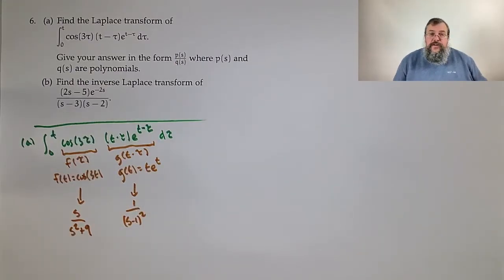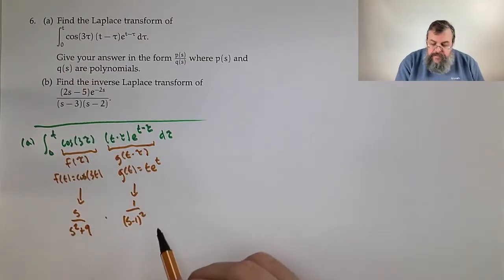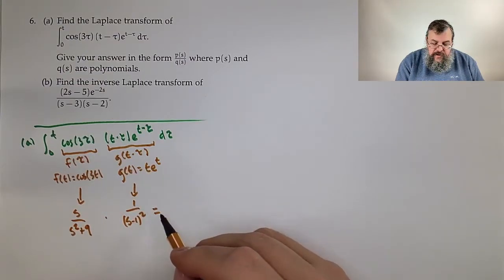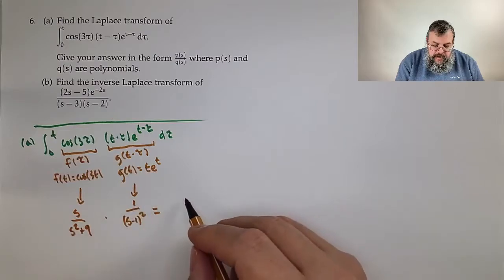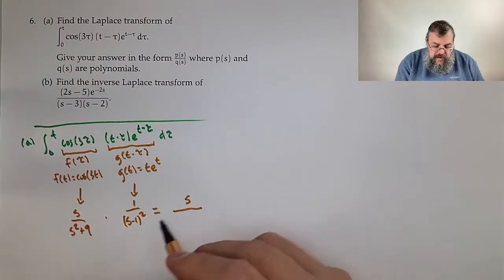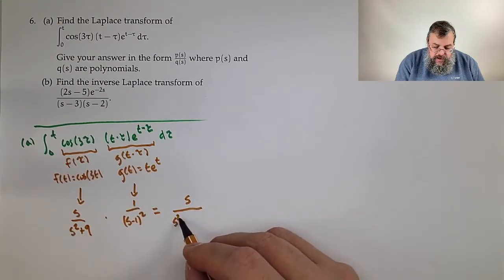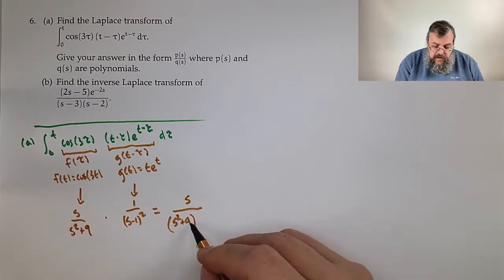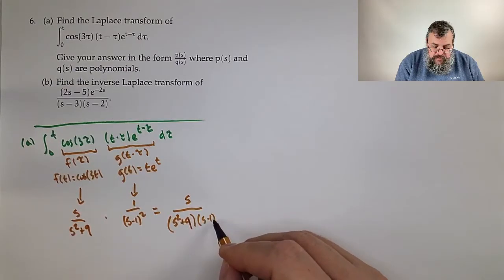And now convolution says we multiply the results together. So we times those together, and therefore our answer: s times 1 is s, and downstairs we have (s squared plus 9) times (s minus 1) squared.